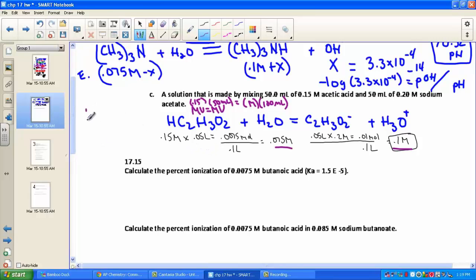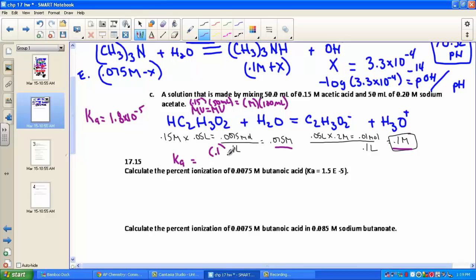and now we're ready to do the ice chart. The Ka of the weak acid, acetic acid, Appendix A, 1.8 times 10 to the negative fifth. Ka will be equal to the concentration of the acetate, 0.1.